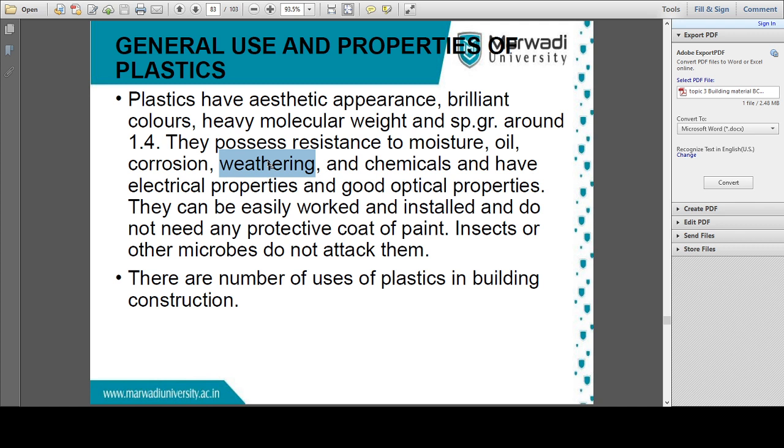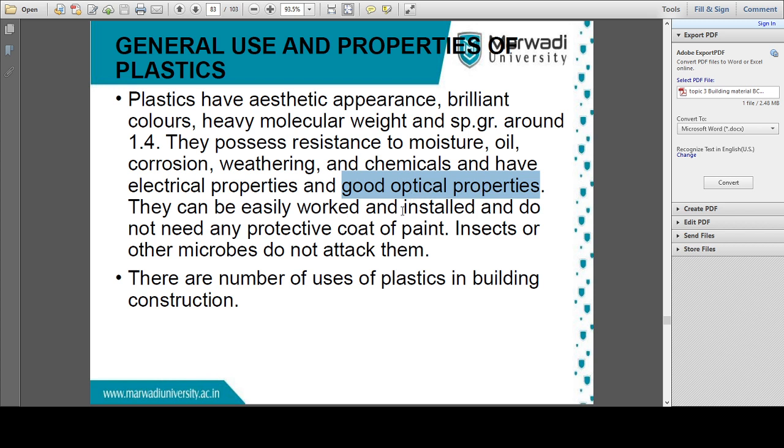in all three seasons, right? So it has good weathering resistance and good chemical resistance. It also has good electrical properties and good optical properties. In optical fibers, we sometimes use a modified version of plastic.